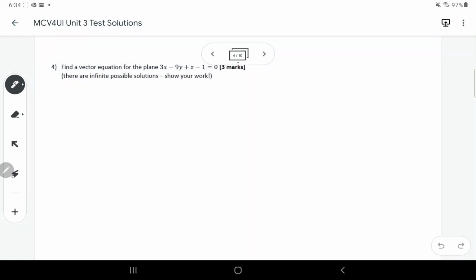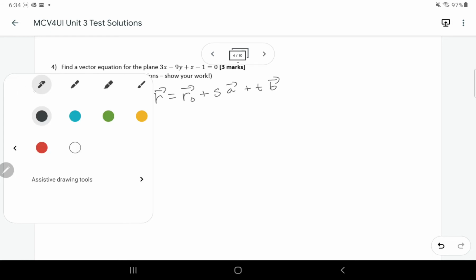For number 4, there are an infinite number of possible solutions here. So we want to get a vector equation for the plane 3x minus 9y plus z minus 1 equals 0. So we know that the vector equation of a plane is r naught plus s times vector a plus t times vector b.